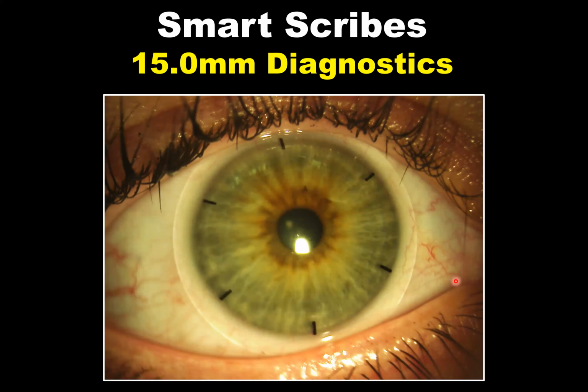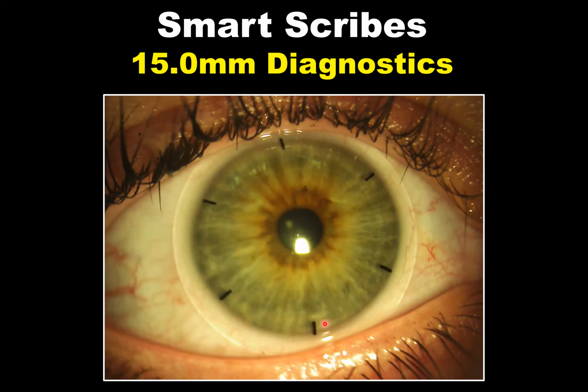Now, in the smallest diameter lens, there are unique markers that are used to determine when you need a larger diameter lens. When we're using the smallest 15.0 diameter, we want to be sure when do we lift the vault of the lens through the limbus, or when will that be inadequate? When do we actually just need a bigger scleral lens?